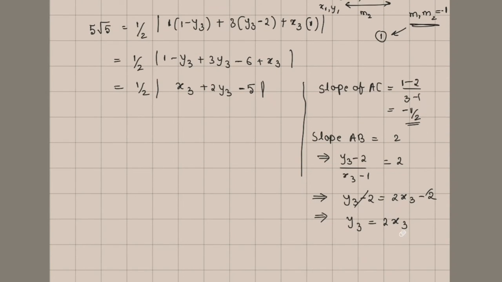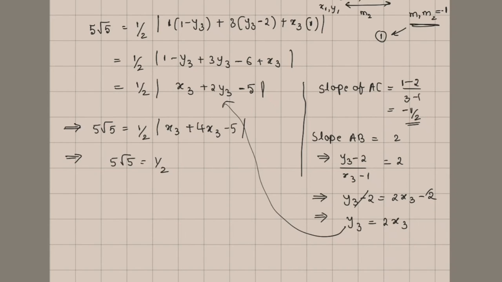So substitute y3 equal to 2x3 in the first equation, which gives 5 root 5 equals half into modulus of x3 times y3 minus 5. y3 is 2x3, so 4x3 minus 5, which gives 5 root 5 equals half into modulus of 5 into x3 minus 1. So 5 gets cancelled. You get mod of x3 minus 1 equals 2 root 5.